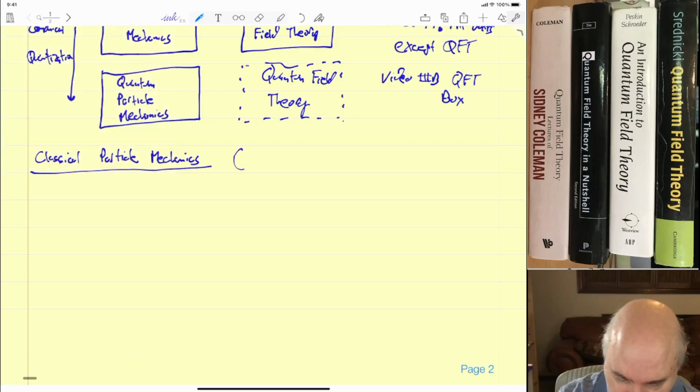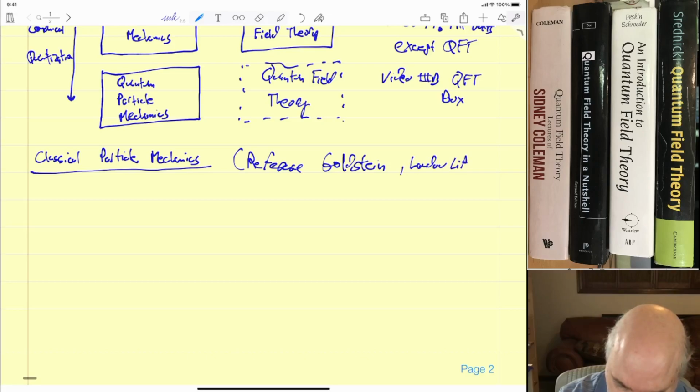You know, I'll give a reference here. Goldstein, Landau, and Lifshitz. I'm sure I misspelled his name. Either one is excellent.